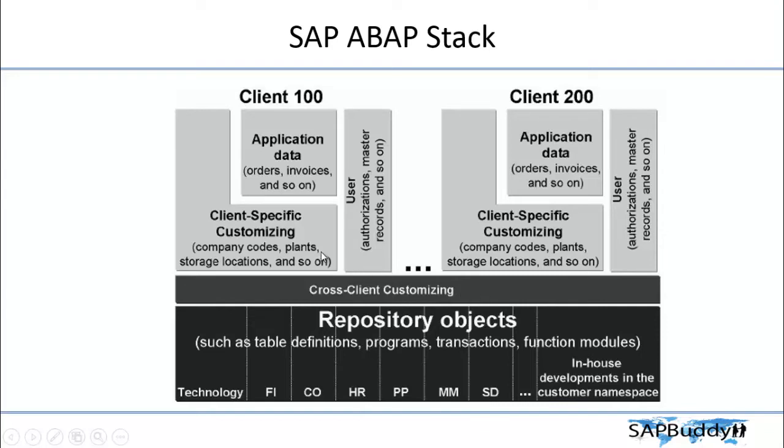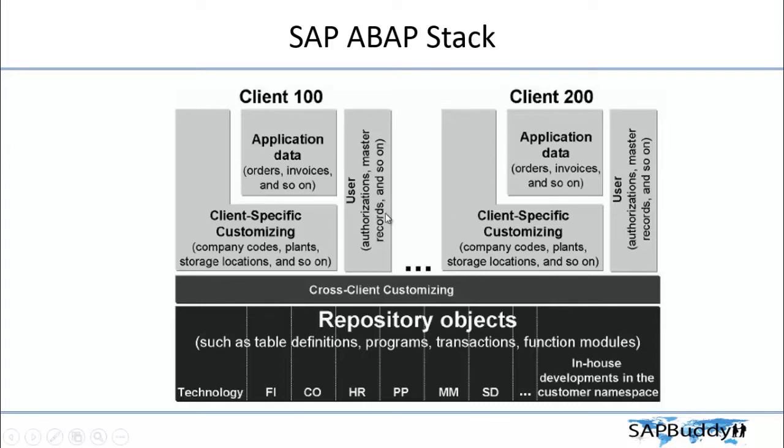In general, what is customizing? Customizing is basically when you create, for example, a company code, it will create an entry in a table with that company code name with all the information which you give. So that is called customizing. So when you create a client also, you create an entry in table T000, the table which contains all the information about the client.